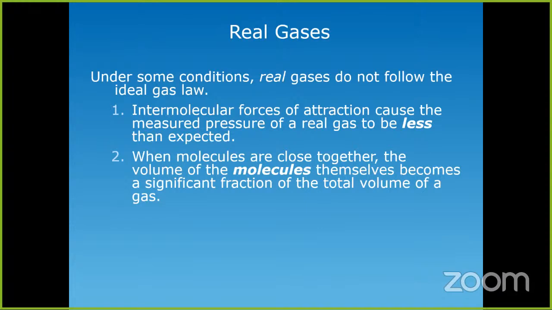As a result of those intermolecular forces, the pressure of the gas will actually be less compared to what is predicted by the ideal gas equation. Another reason why real gases do not obey the ideal gas equation exactly is that we assumed in the case of ideal gases that the particle volumes are essentially zero, right?